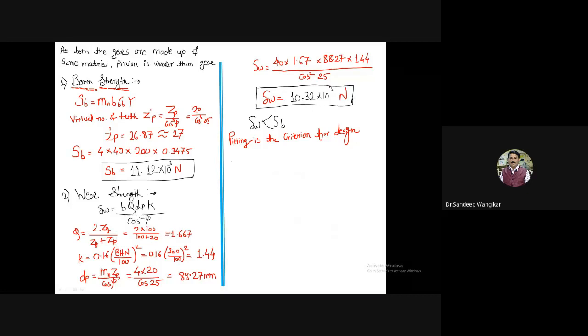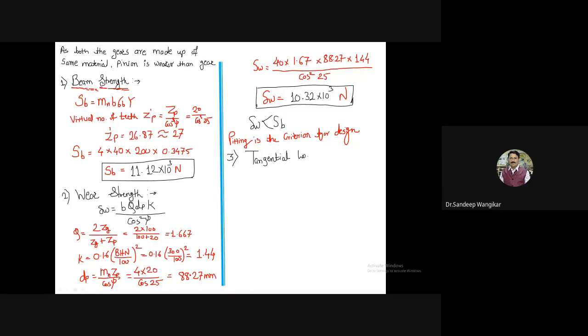Now let us proceed. Next step, step number 3. So what is step number 3? It is the tangential load. I will calculate the tangential load PT by using this effective load.